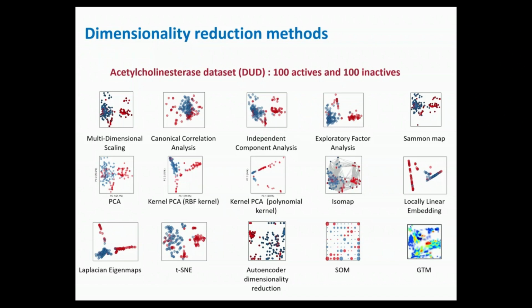Here you see that most of these approaches are able to comply with neighborhood behavior, in the sense that here we represented, from the DUD database, 100 actives and 100 inactives, acetylcholinesterase inhibitors, and as expected, they tend to cluster together, in the sense that the close contacts between blue dots and red dots are, as far as possible, minimal.